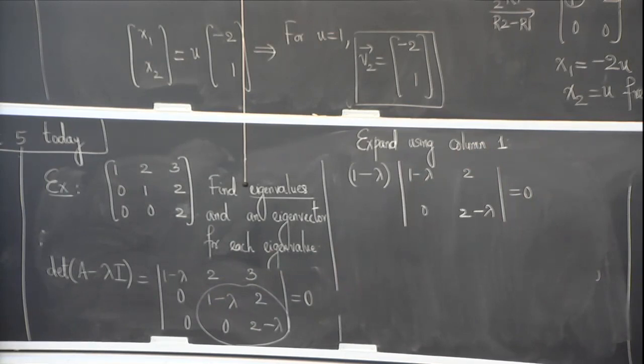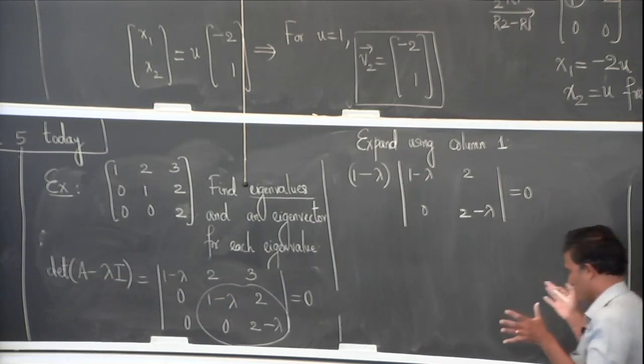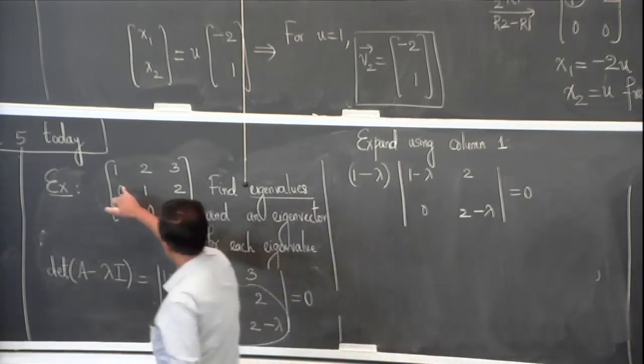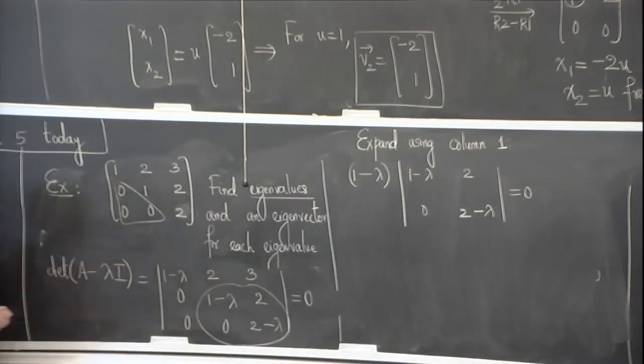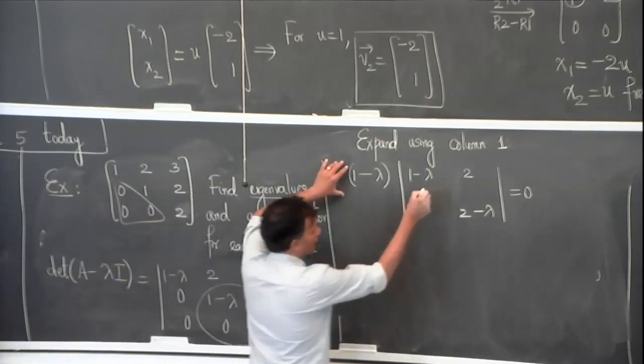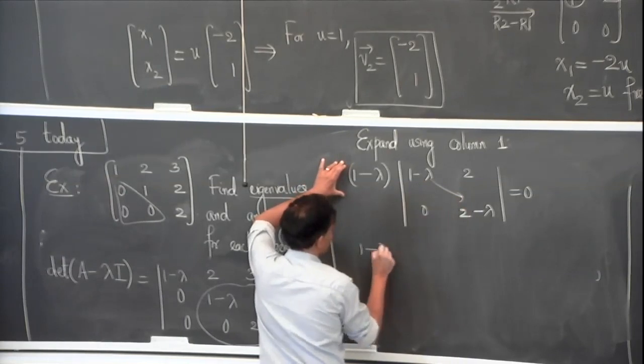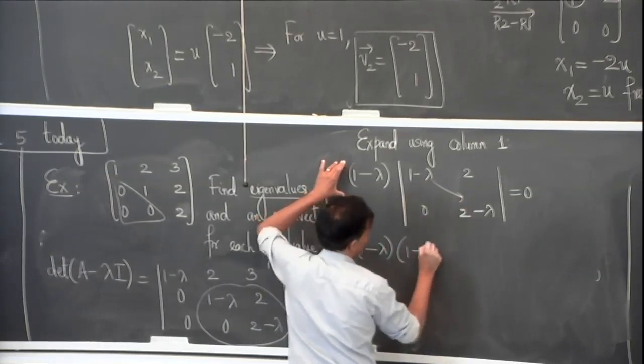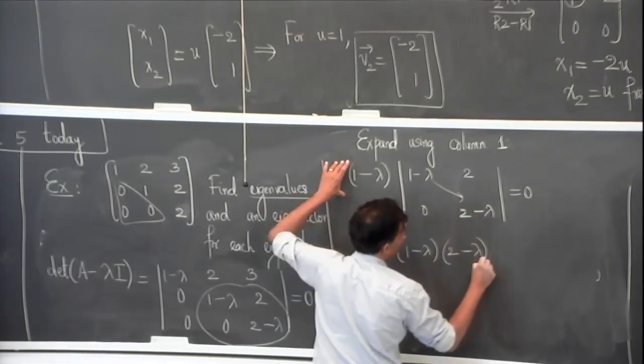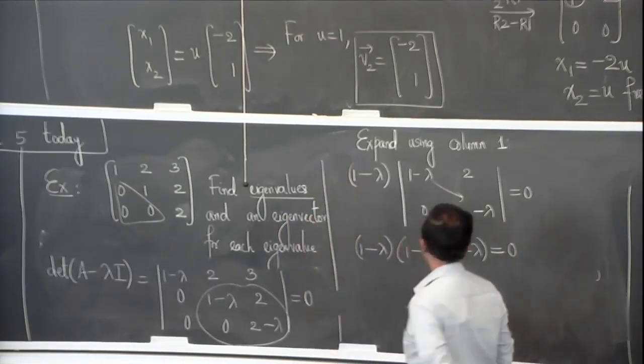Now, not all 3 by 3 matrices are coming out to be so nice. This is coming out nicely because of those zeros there. Just do this 2 by 2 and you get 1 minus lambda times 1 minus lambda times 2 minus lambda equal to 0.